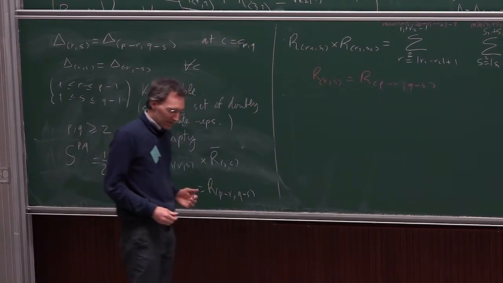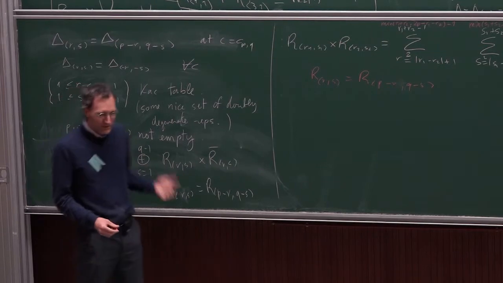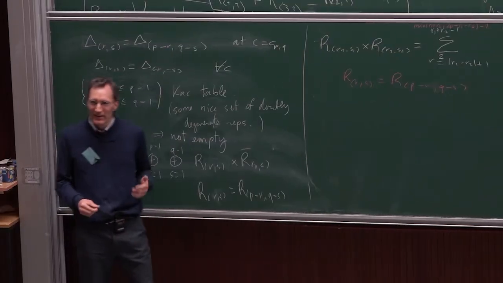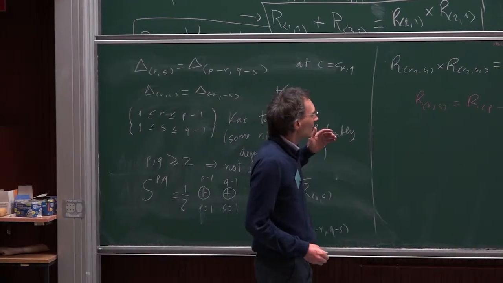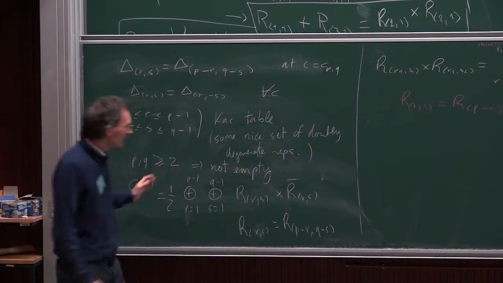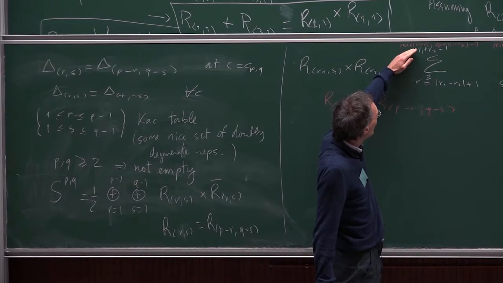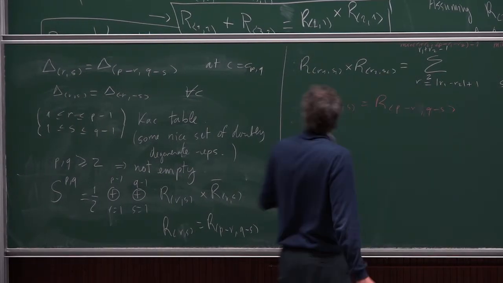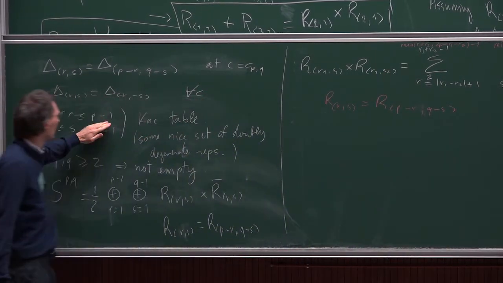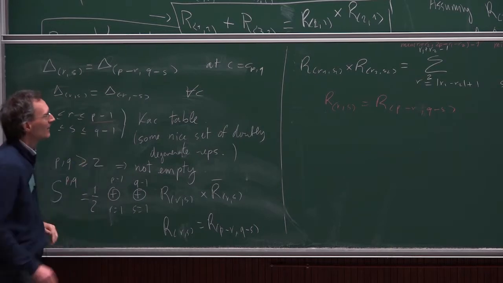This result, if you prove it, that's an exercise, shows actually that this Kac table is stable under fusion, because here this upper bound is always less or equal than the upper bound of the Kac table, p minus 1.